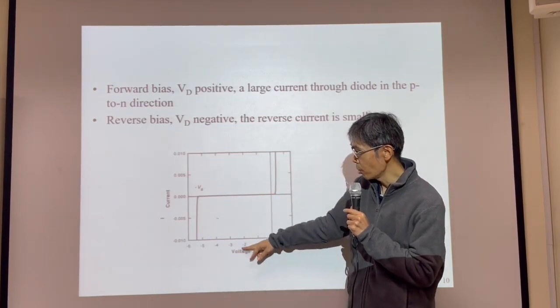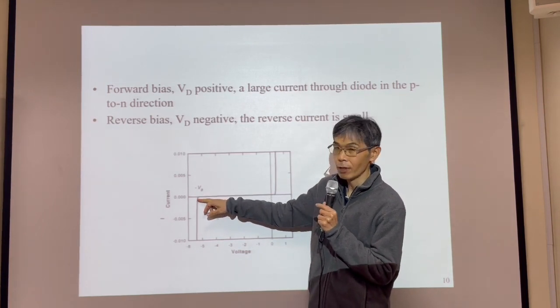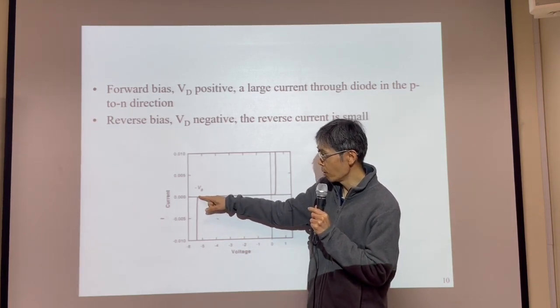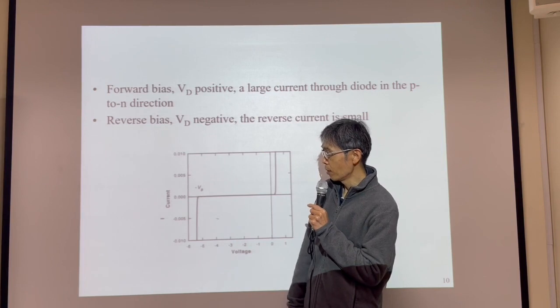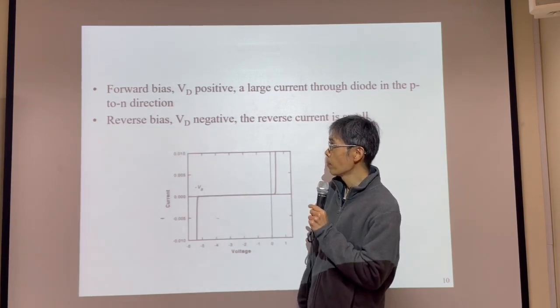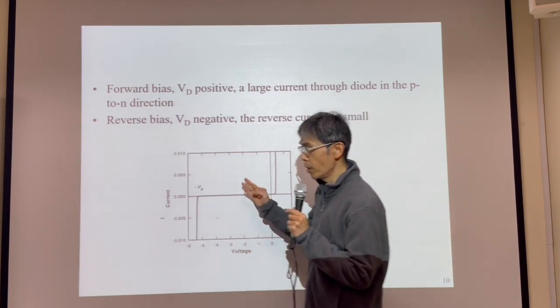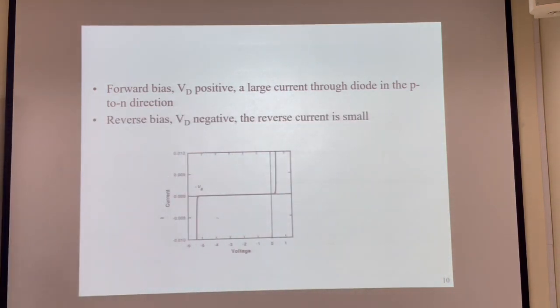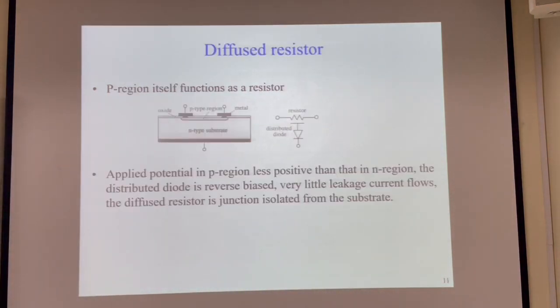But if the voltage is very, very large, eventually it will become a conductor again, but in the reverse direction. So this is the PN junction diode behavior.